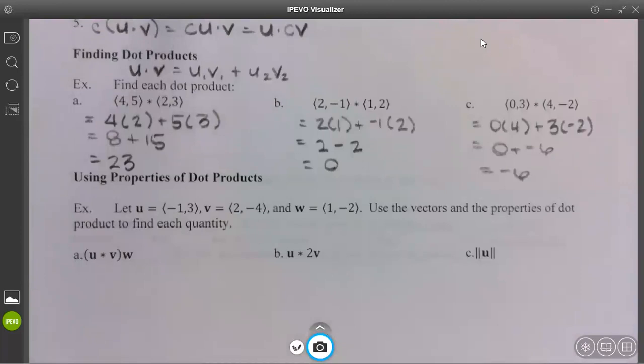Using the properties, those 5 that we just saw, let U equal -1, 3, V equal 2, -4, and W equal 1, -2. Use these vectors and the properties of dot product to find each quantity.